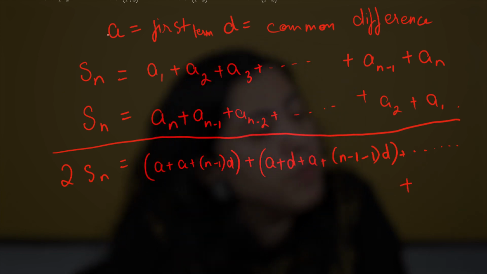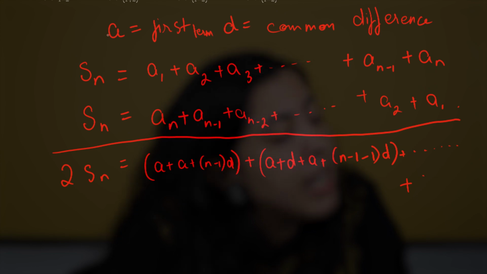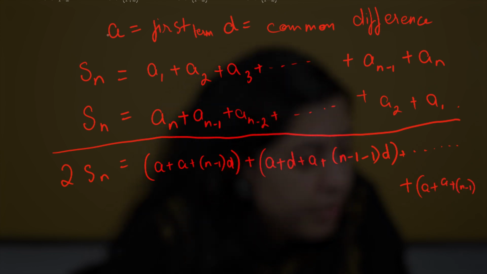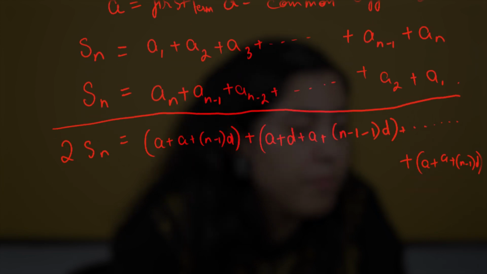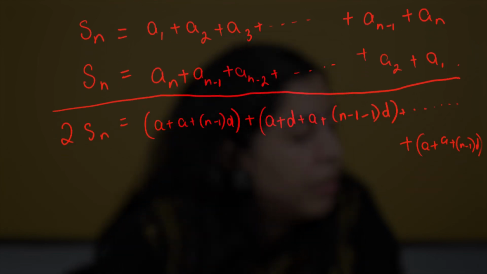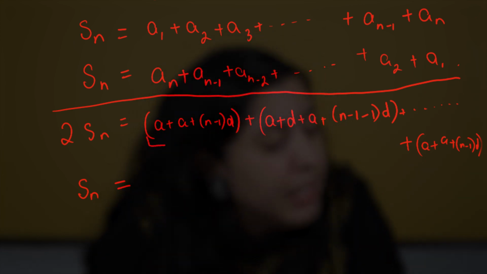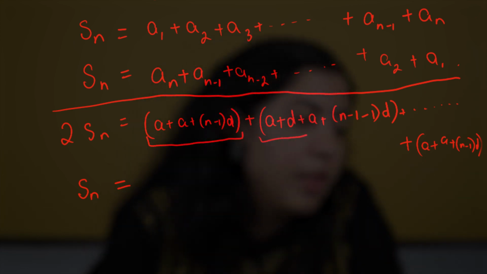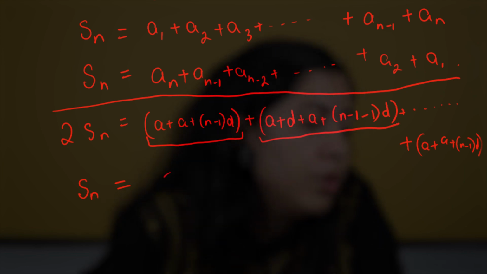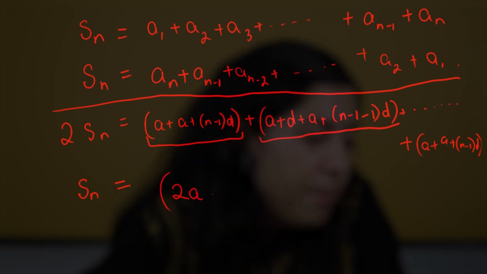The last term will be the same as the sum of a1 and an, that is a plus (n minus 1) into d. If we observe carefully, these all are the same and equal to twice of a plus (n minus 1) times d.